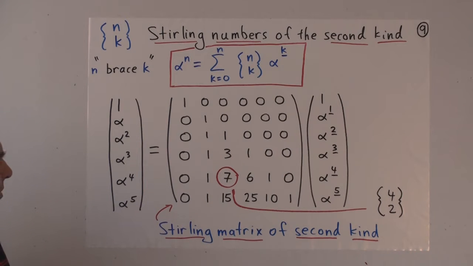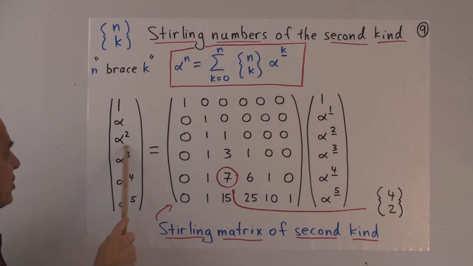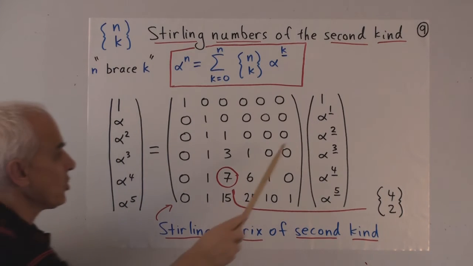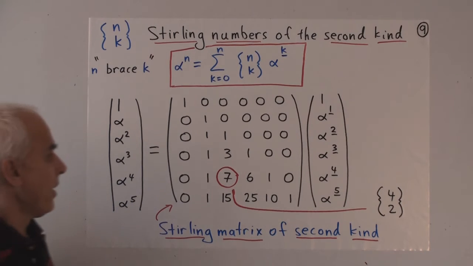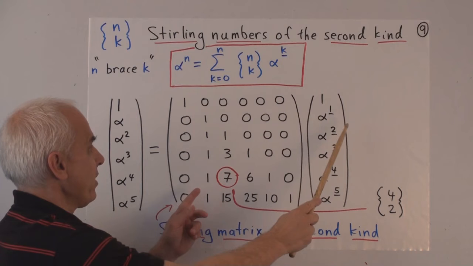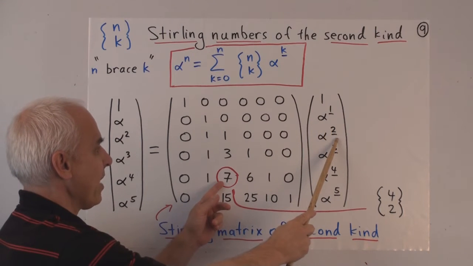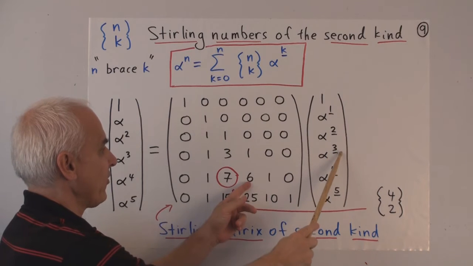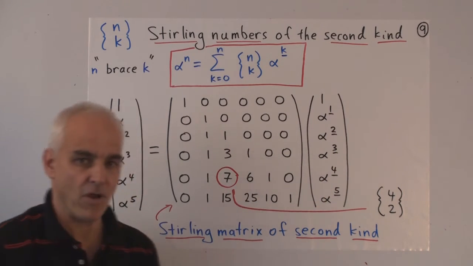So for example, here's the case when n is equal to 5. Each one of these rows represents an expression for a power of alpha in terms of the falling powers. So for example, alpha to the 4th is 0 times 1, 1 times alpha 1 falling, 7 times alpha to the 2 falling, plus 6 times alpha to the 3 falling, plus 1 times alpha to the 4 falling.